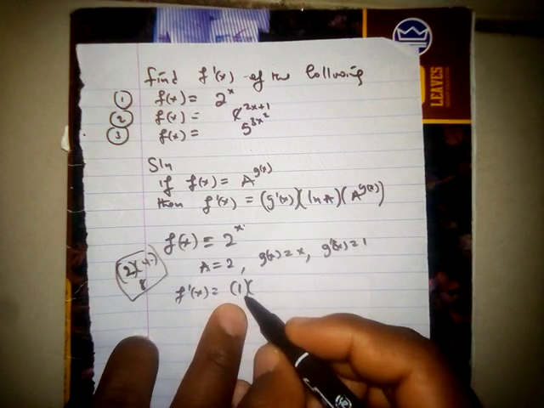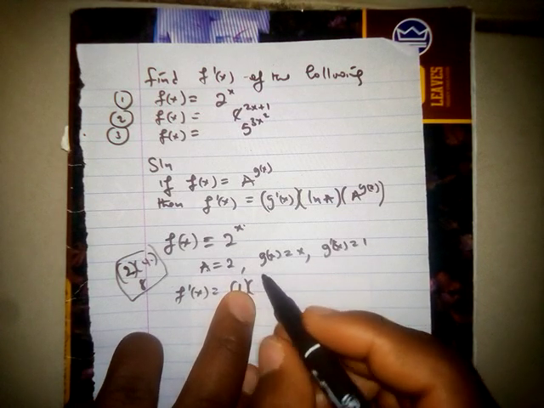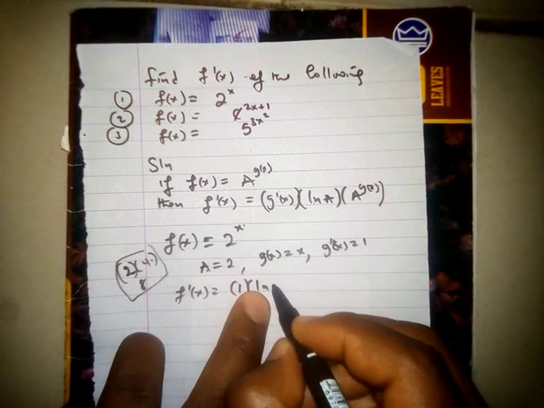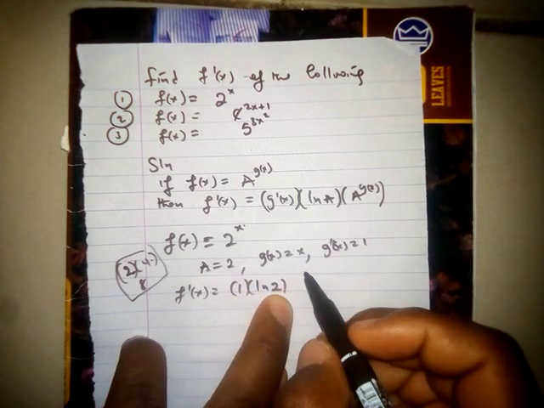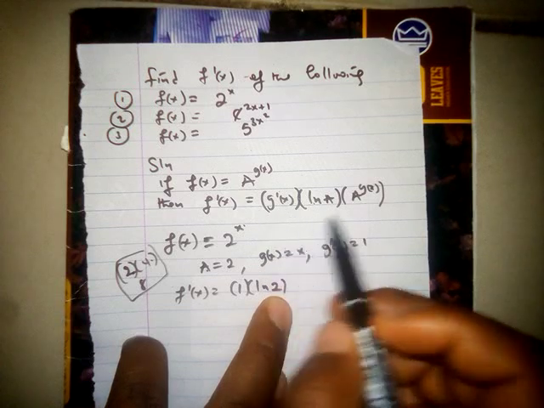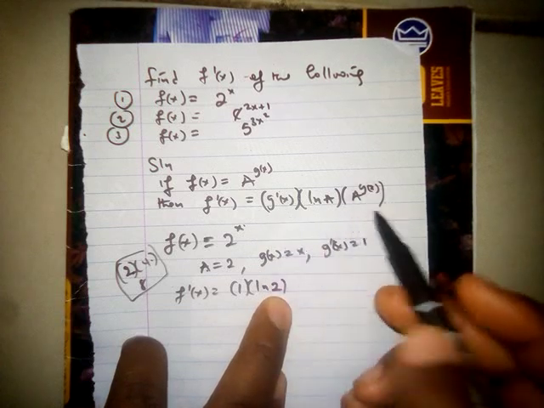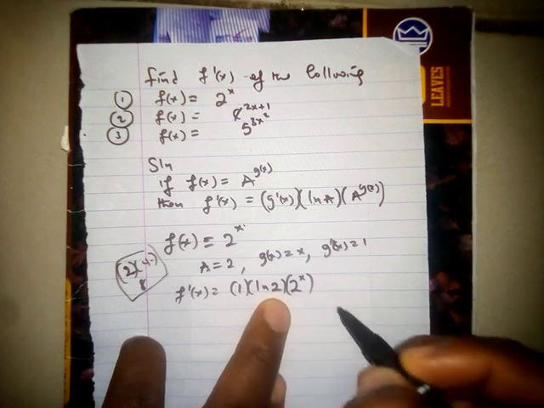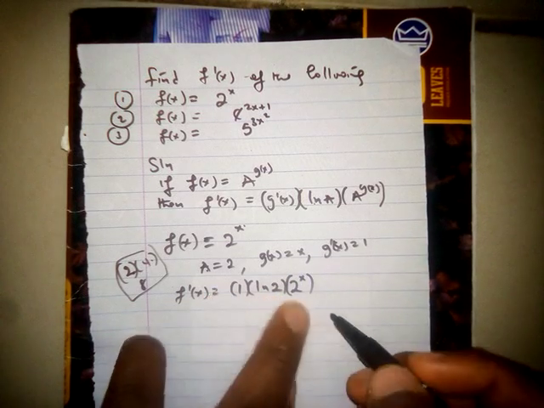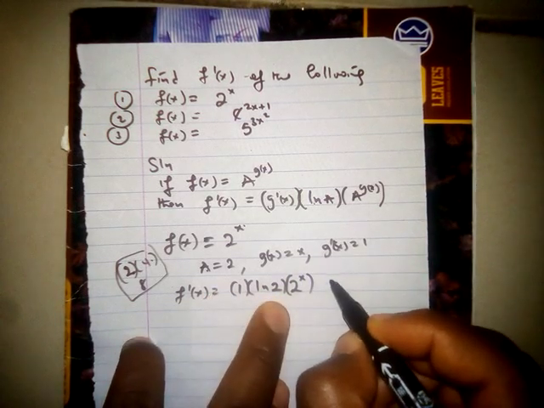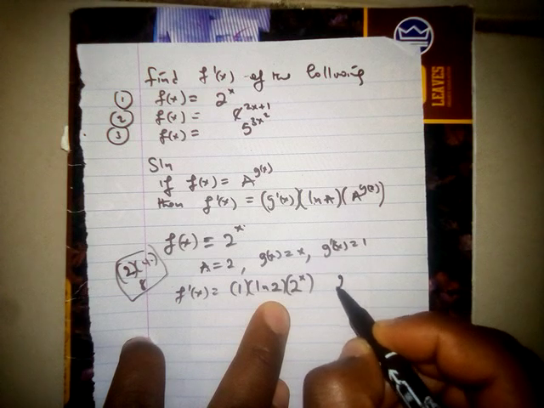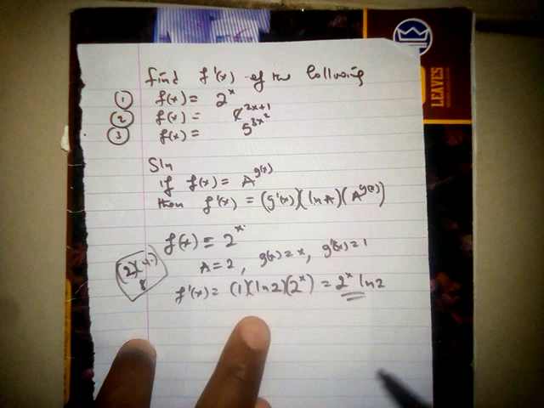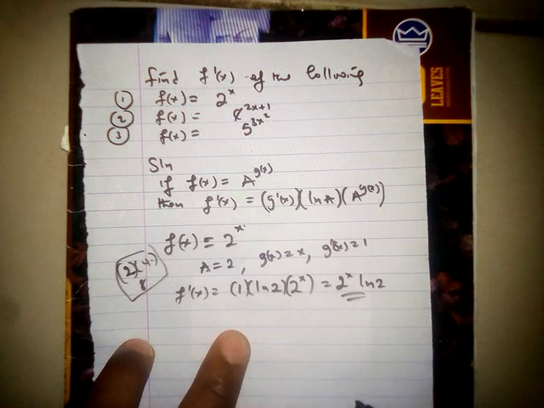So this is 1 times the ln of a, where a is 2, times the function itself, 2 raised to the power of x. Since 1 times this is already this, it is the same as saying 2 raised to the power of x times ln 2. So this is my answer for the first one.